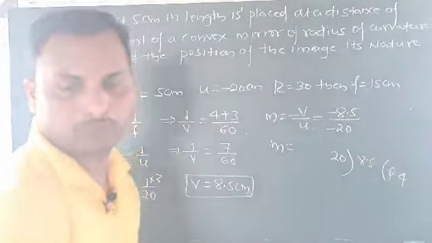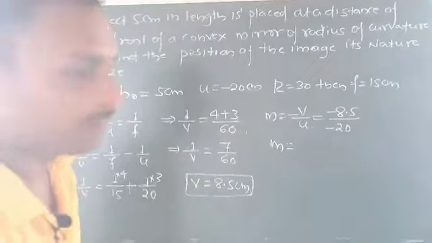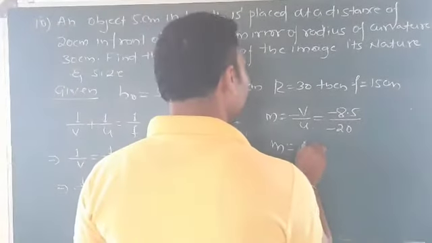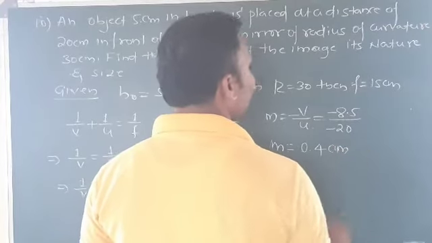The minus minus get cancelled, so m is 0.4 centimeter.